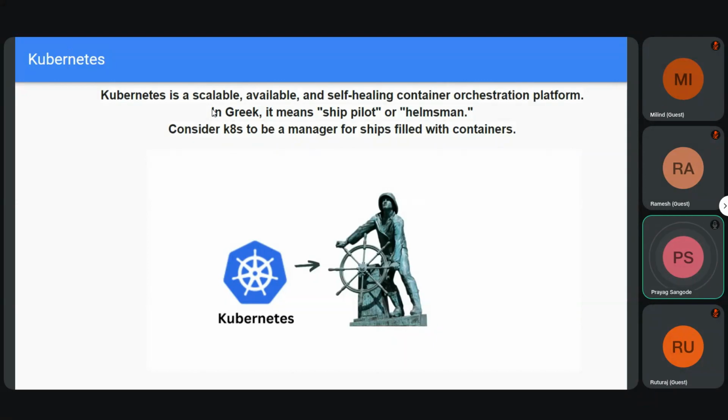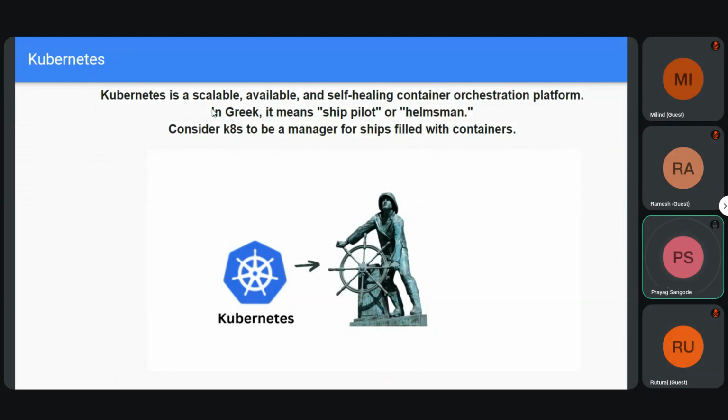And suppose we want to scale, meaning increase the number of containers because of high CPU or memory load, that is not possible by default using Docker or containers. For that we need Kubernetes.